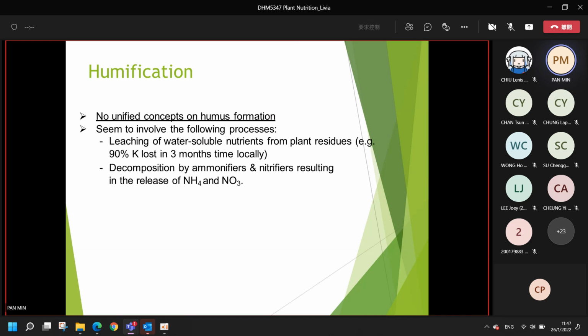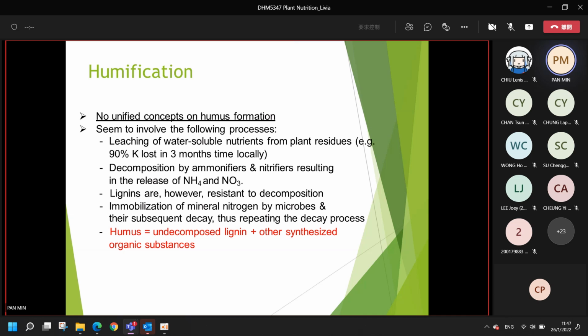level, and the decomposition by ammonifiers and nitrifiers results in the release of ammonium, nitrate and nitrite. And furthermore, the decomposition by the ammonifiers and lignins are, however, resistant to decomposition, and immobilization of mineral nitrogen by microbes and their subsequent decay therefore can repeat the decay process.